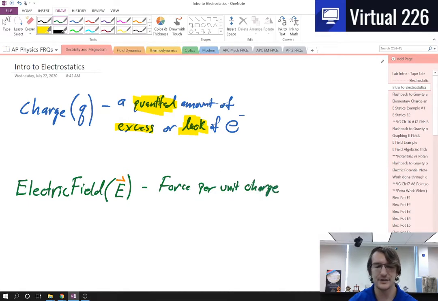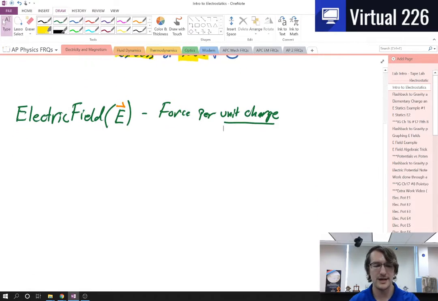And this idea of a unit charge is going to make more sense as we dive deeper into this unit and we start talking about test charges. But mathematically, we can write out an electric field equation. We can say right now that our electric field is simply equal to a force, forces are also vectors, so make sure you put the arrows on them, divided by, so that's per, unit charge. And we know charge is the symbol Q. And that is an electric field there.